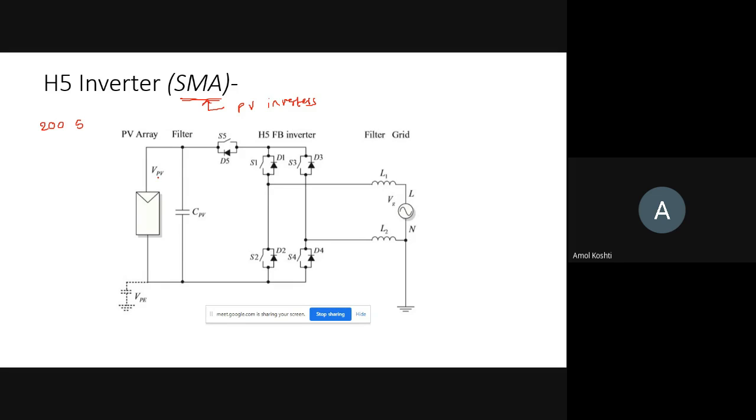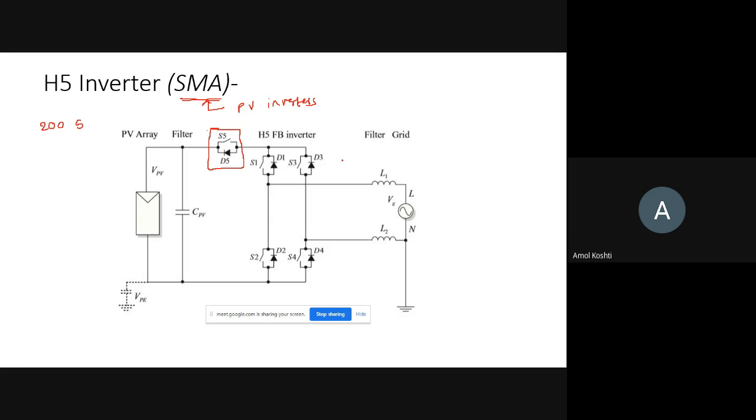Here we have this capacitor again for the filter, and here we have VPV, that is the voltage of this PV system. So what modification have they done? They have added only the S5 switch. Everything else is the same as the conventional bridge.